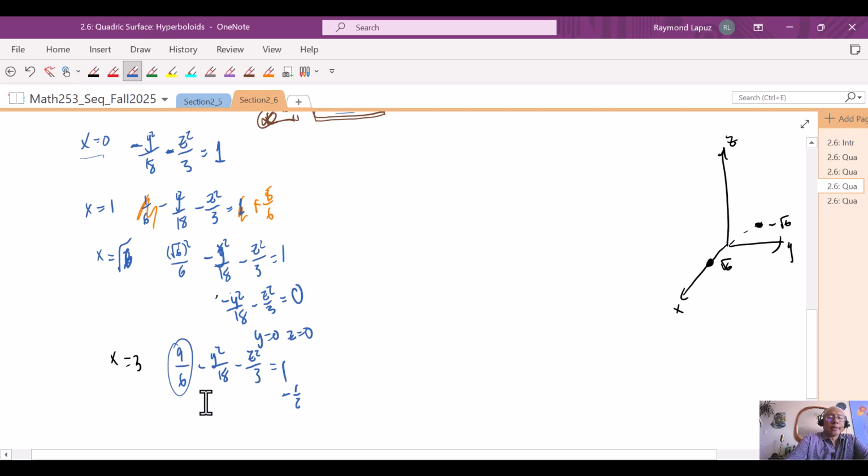And then we'll get a negative y squared over 18 minus z squared over 3 is equal to negative 1/2, and we'll change the signs to make it all positive, and then divide by 1/2, and then you'll get an ellipse. So the point is that you'll eventually get an ellipse if you go further out here in your x-axis. So you'll get ellipses that will be coming out. All right.